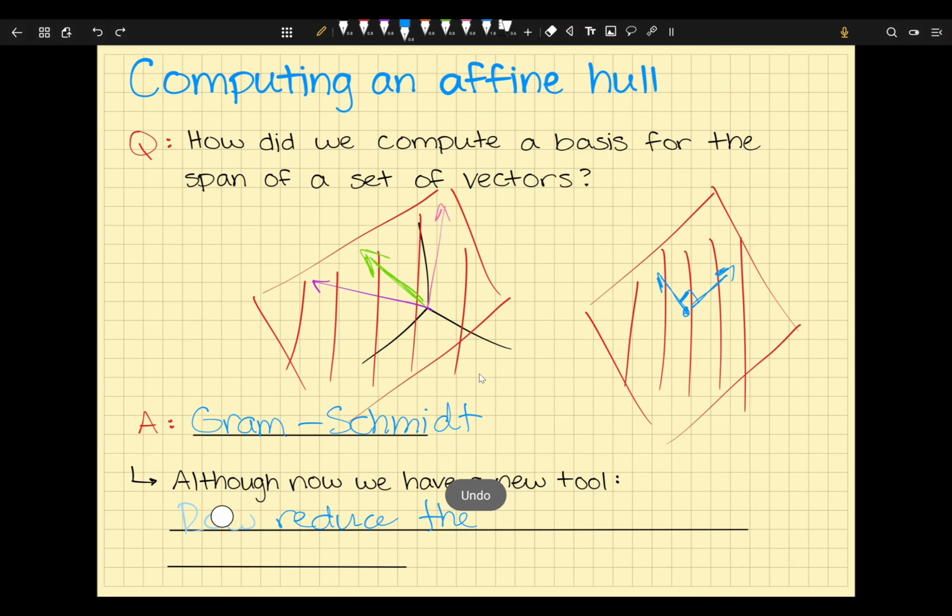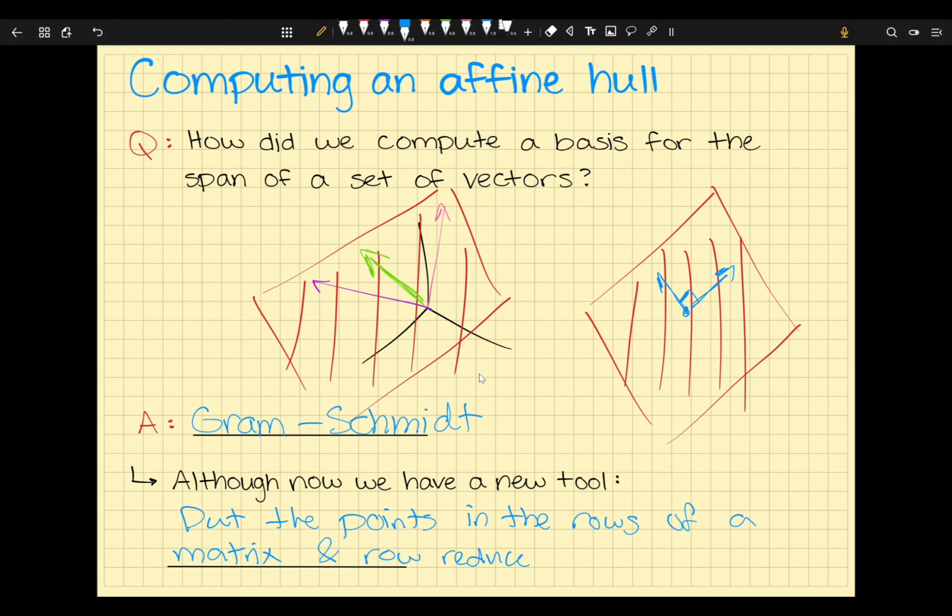Put the points in a matrix, put the points in the rows of a matrix. And row reduce. And so this is just another way that we can compute a basis for a linear subspace.